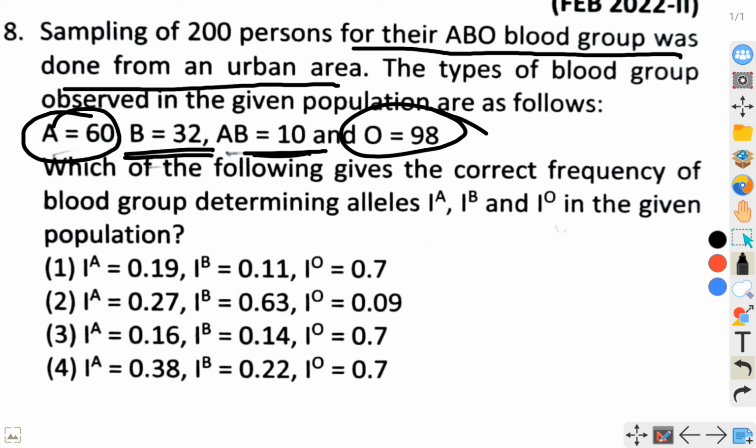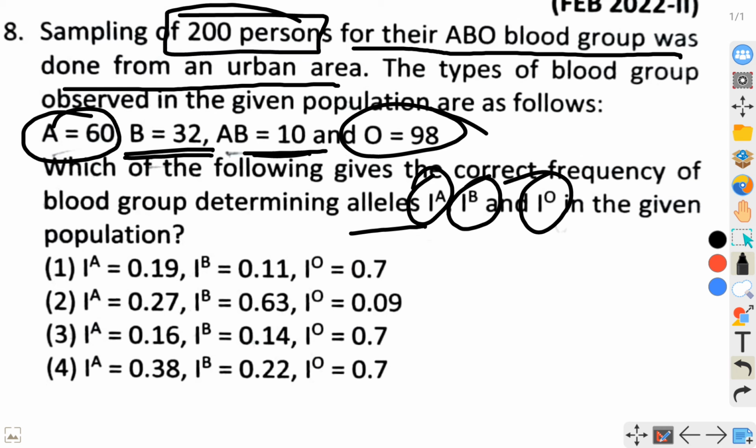Now the question is which of the following gives the correct frequency of blood group determining alleles IA, IB, IO in the given population. Four options are given. You have to choose the correct one. So here the total is 200 individuals.